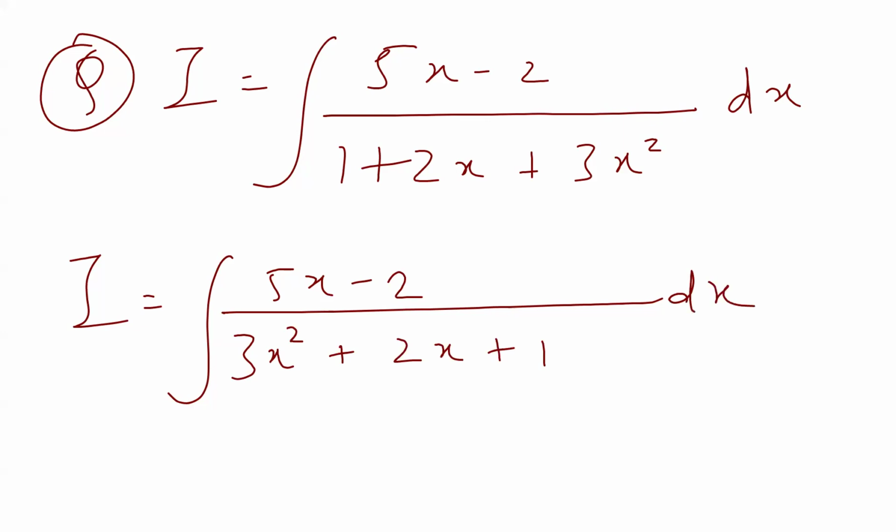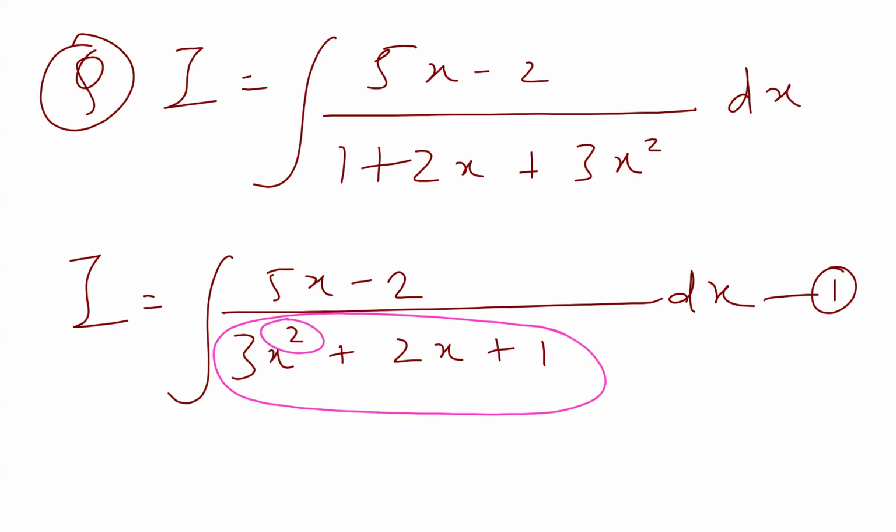The maximum degree of x in the numerator is 1, and the maximum degree of x in the denominator is 2. So the numerator term is linear, but the denominator term is quadratic. So this is the linear upon quadratic category.